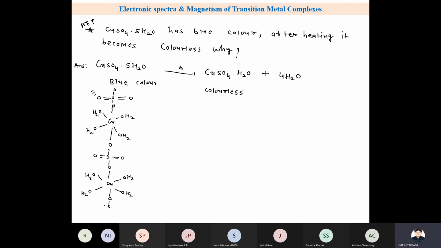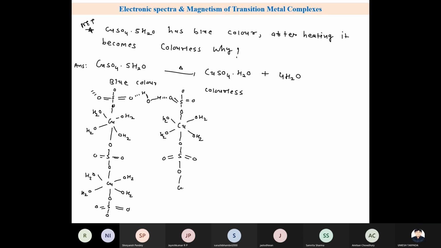Again SO4. These are the 4 water molecules, again attached to SO4.